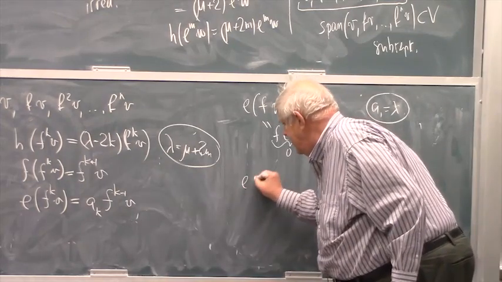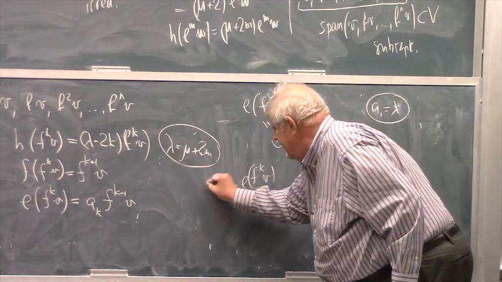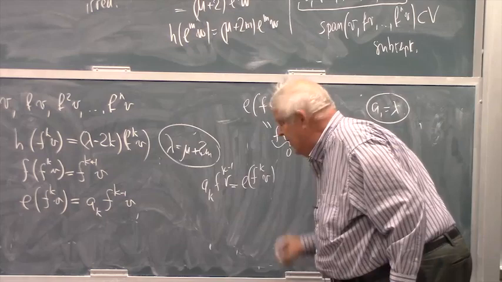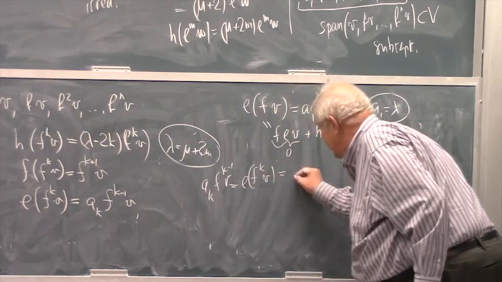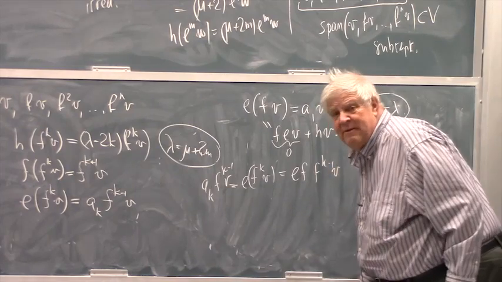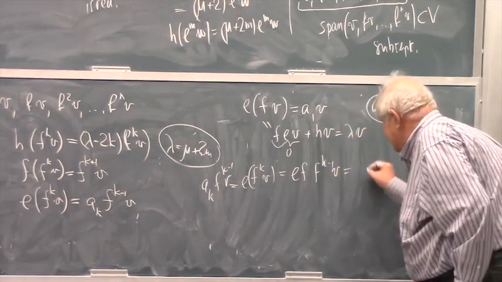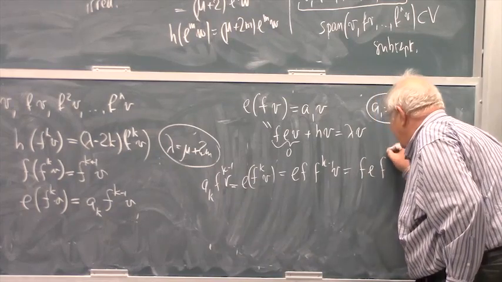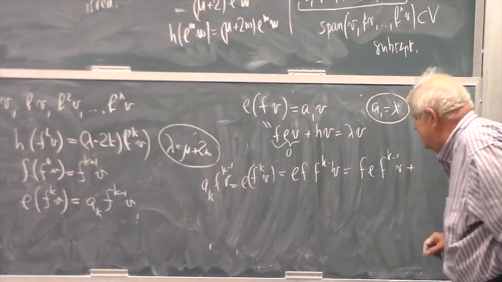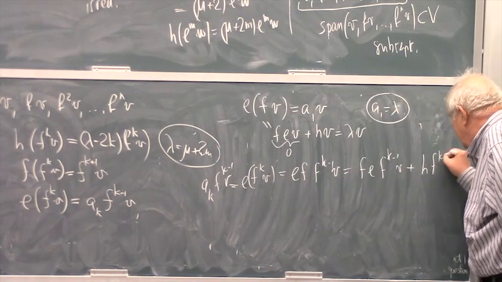Go to E applied to F to the k V. It is Ak, right? Also it is E F F to the k minus 1 V, right? And this is E F, this is F E F to the k minus 1 V plus H F to the k minus 1 V, right?